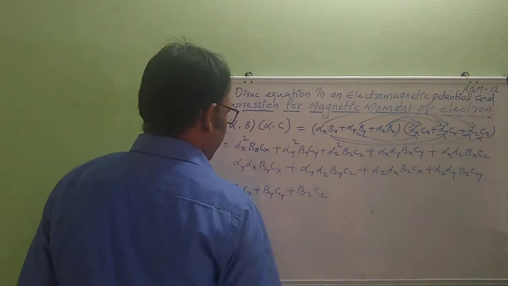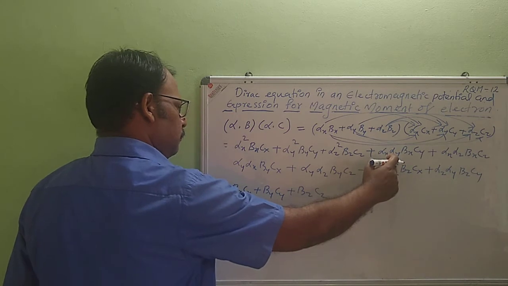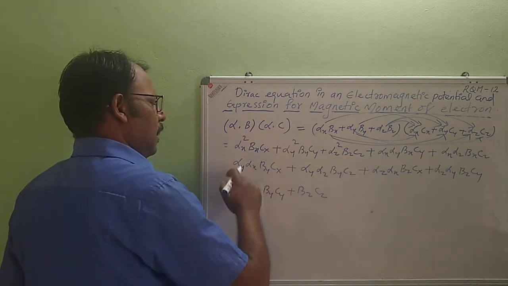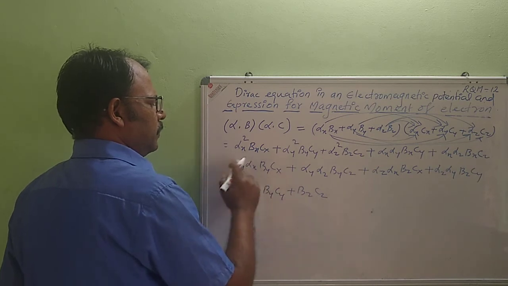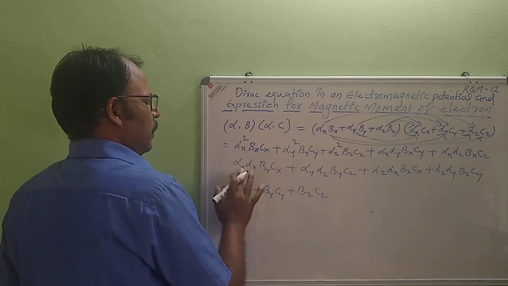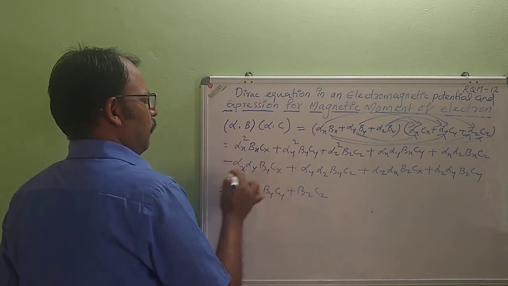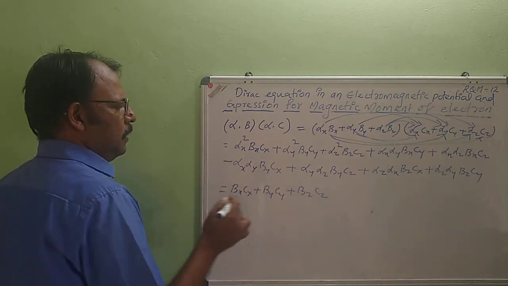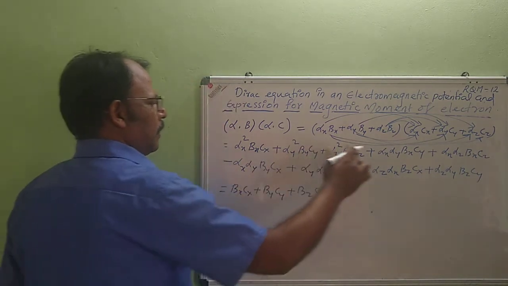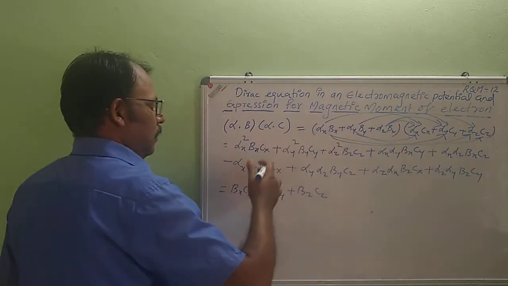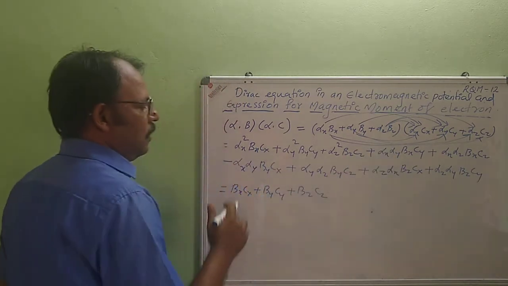They are anti-commuting with each other, so alpha y alpha x is equal to minus alpha x alpha y.